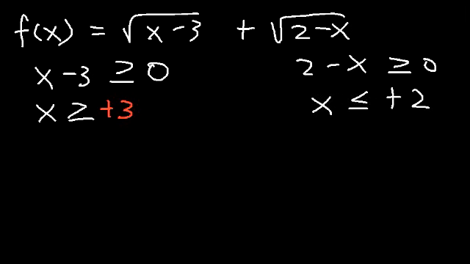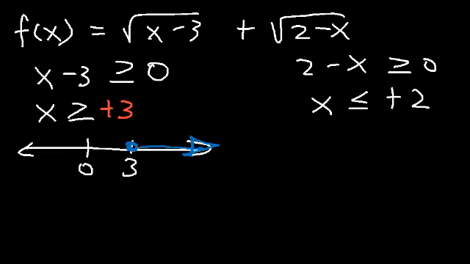So now, since we have two separate radicals, let's make two separate number lines. So for the first one, we know that x is equal to or greater than 3, so we need to shade to the right. For the second one, x is less than or equal to 2, so we've got to shade to the left. Now we need to find a point where it's true for both.